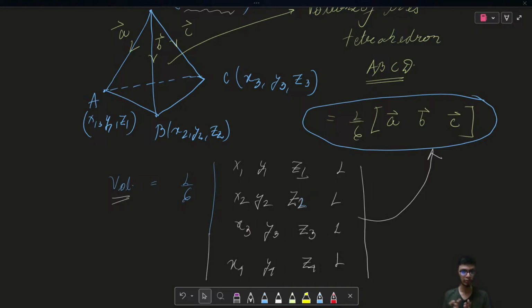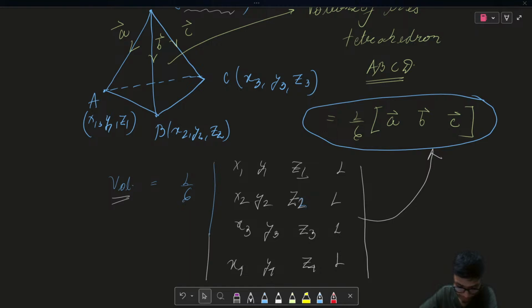We are going to discuss straight lines in three-dimensional geometry, and we're going to start with discussing planes in the upcoming lectures. So from today onwards, we are starting our discussion with the straight lines in 3D. I hope this is clear to all of you.